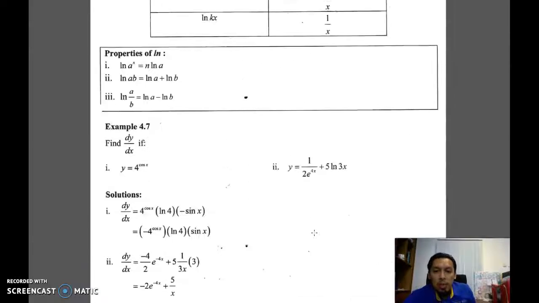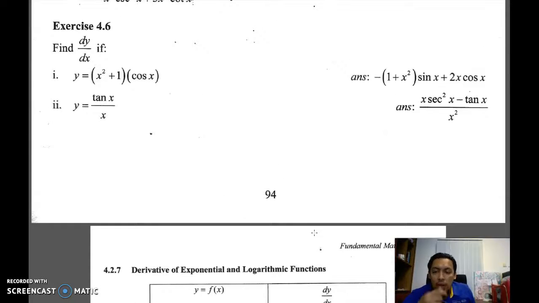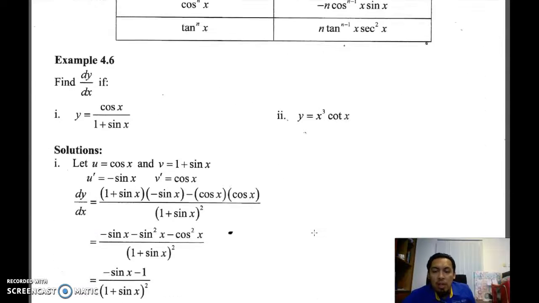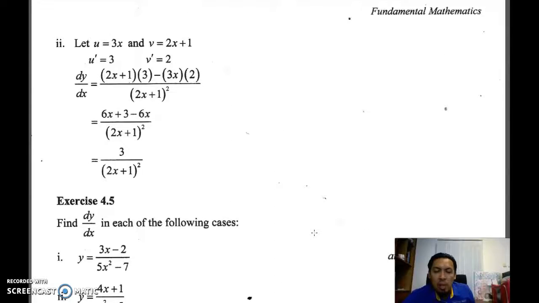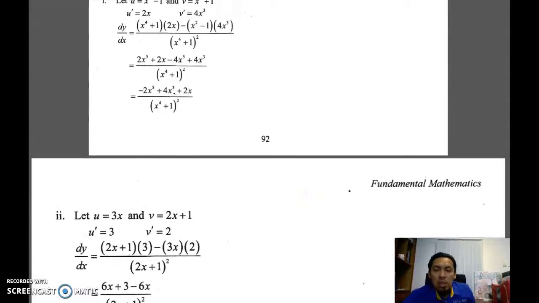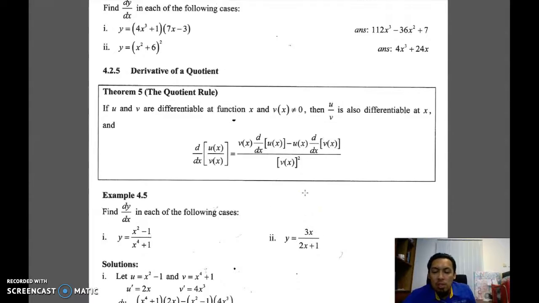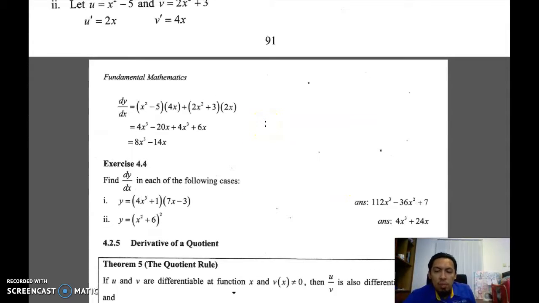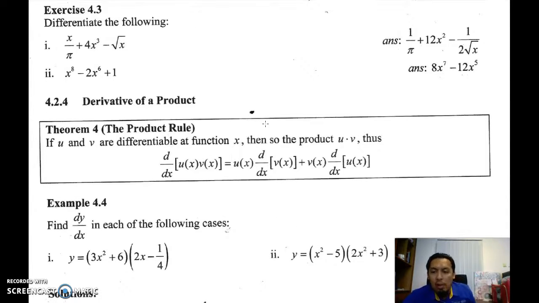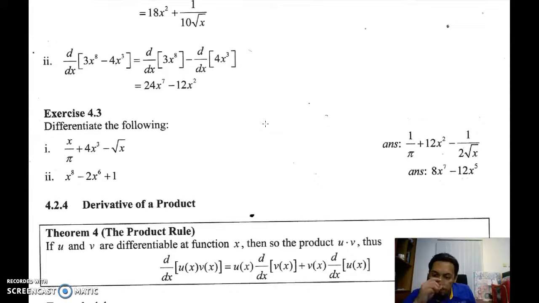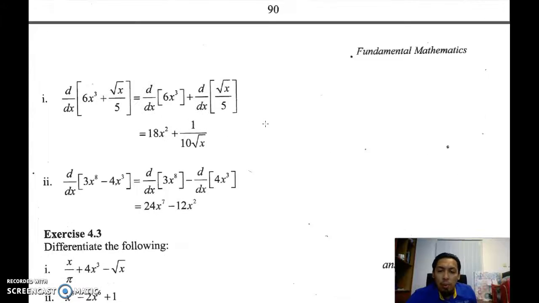Those are the preset derivatives that we can use, rather than just using the actual formula, because using the actual formula will be a little bit complex when you encounter different kinds of functions. So we're going to talk more about that in the next video.